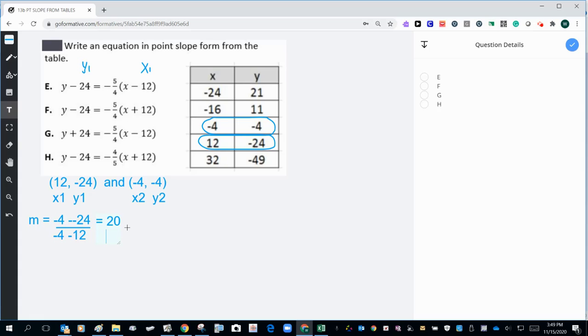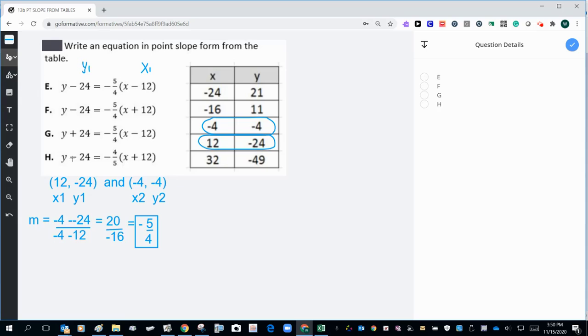And on the bottom, -4 minus 12 will be -16. So let's go ahead and draw the line. And if we put that in the calculator, 20 divided by -16, it will be -5 over 4. So we know that our slope is going to be -5/4.